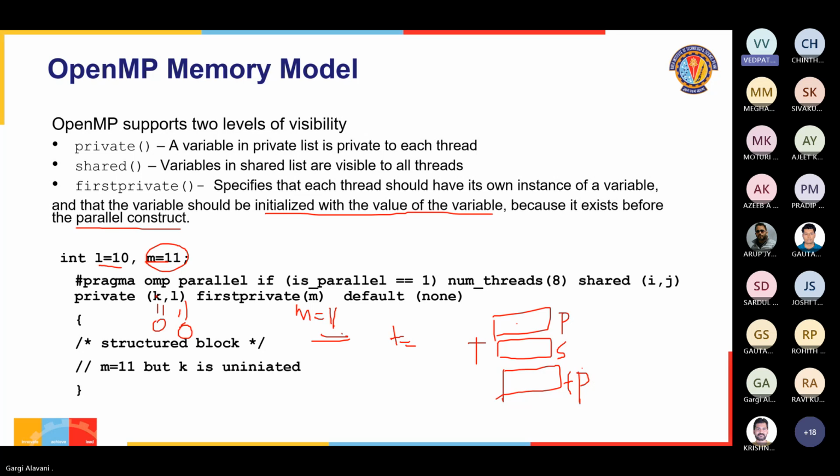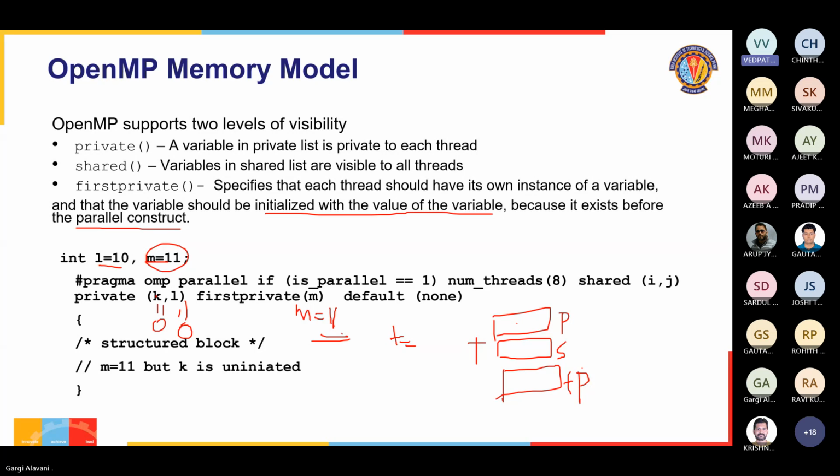But the important distinction is that the value of M before entering the parallel block is 11, so the initial value of M would be 11 for each thread. L also has value 10 before entering the parallel block, despite that, it will get initialized to 0 in every thread's memory.